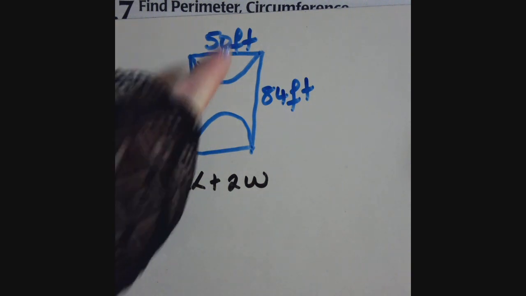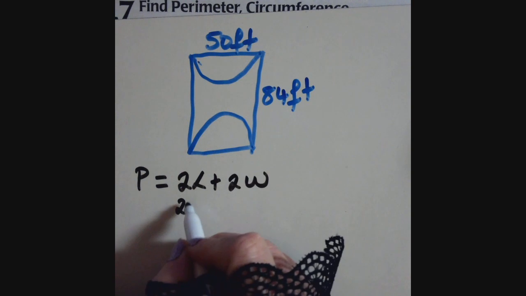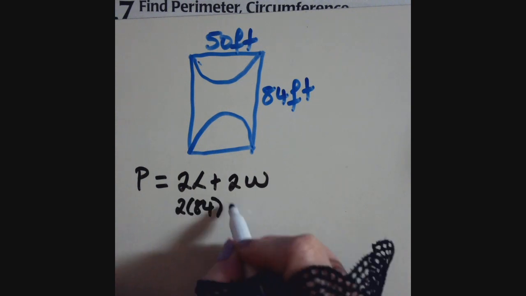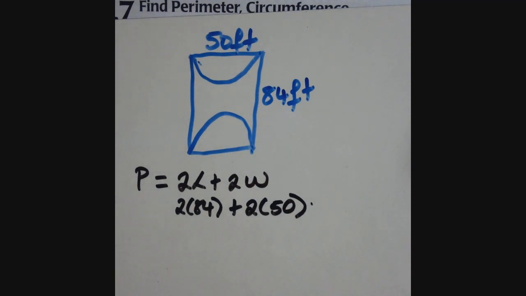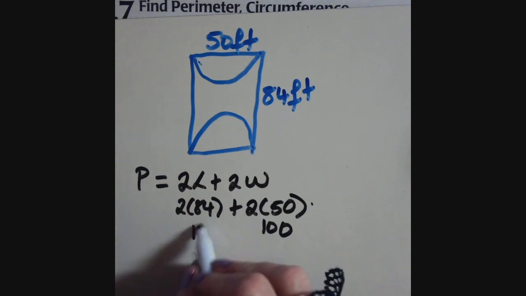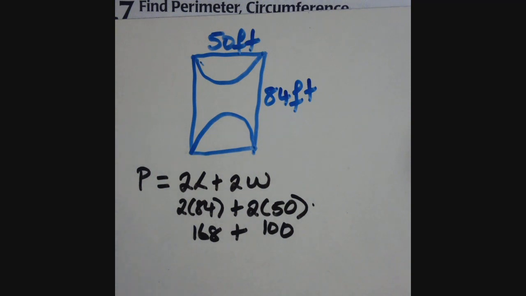So instead of saying 50 and 50, 84 and 84, this is a shortcut: 2 times 84 plus 2 times 50. So you're going to work that out. That's going to be 100. And real quick on my calculator, 2 times 84 is 168, just to make it quicker.